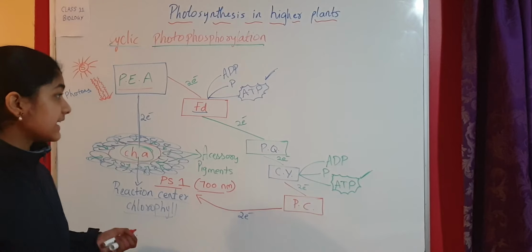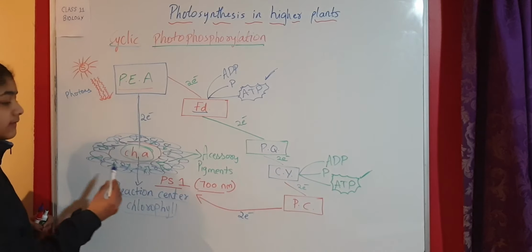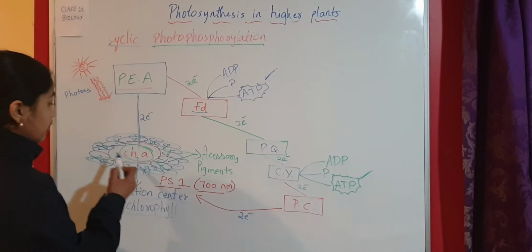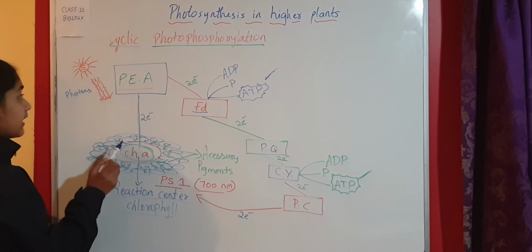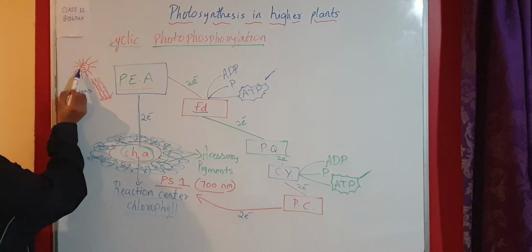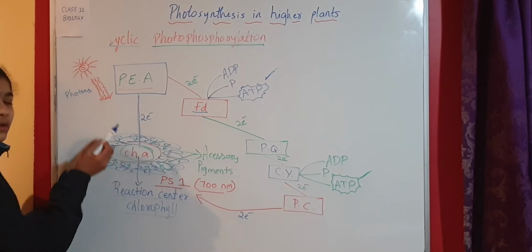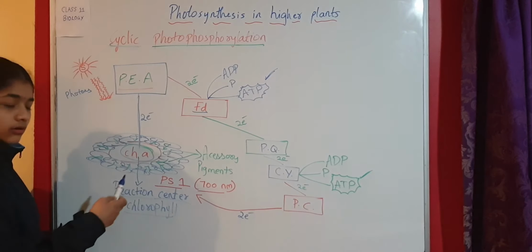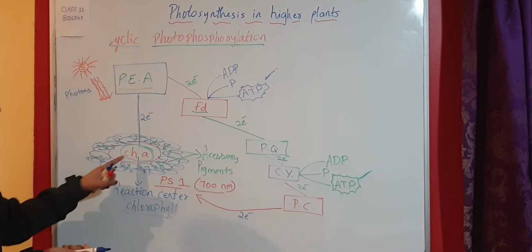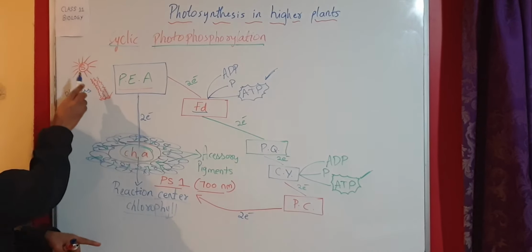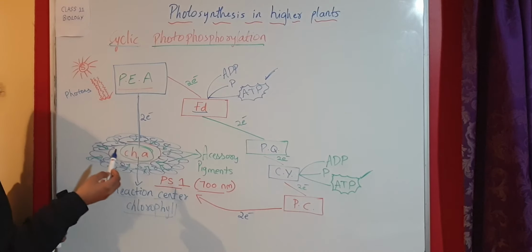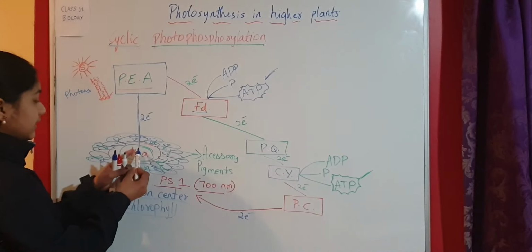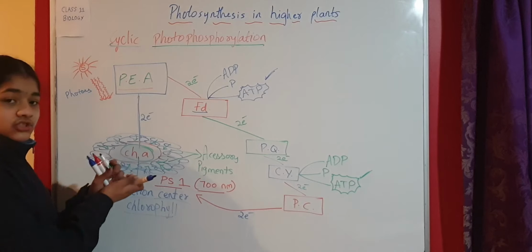Why is it called cyclic? Because the whole process of photosynthesis has happened from here. The electron started from the sun. Because we are taking only the chlorophyll or photosystem into consideration, the photons came and fell here on chlorophyll A, which has extra energy.